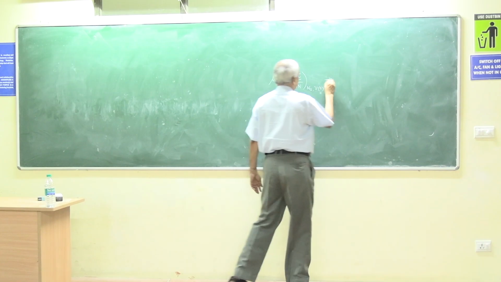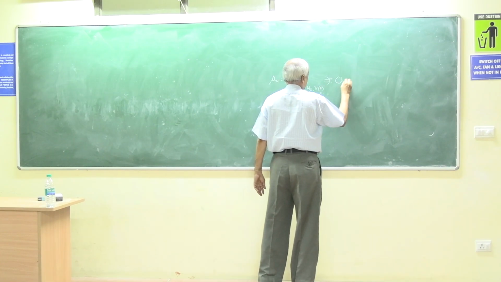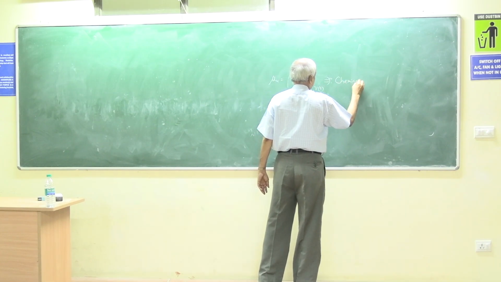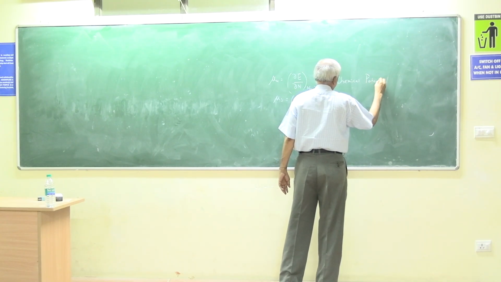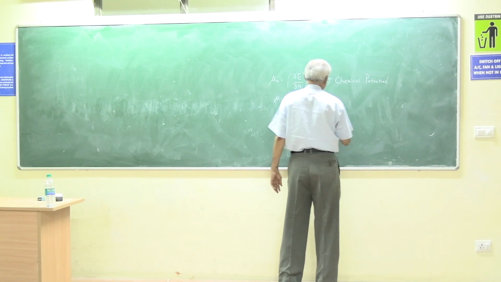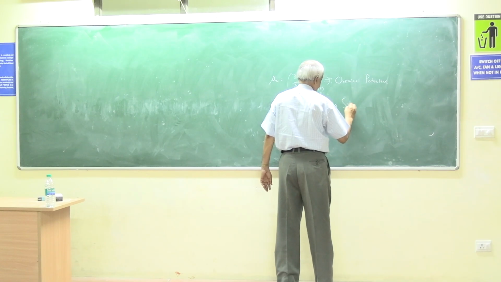So this one is the old stuff that we have learned. This is called chemical potential, and this is called spin potential.